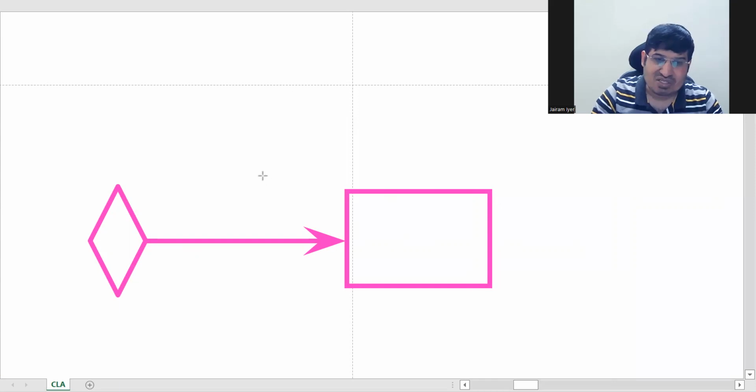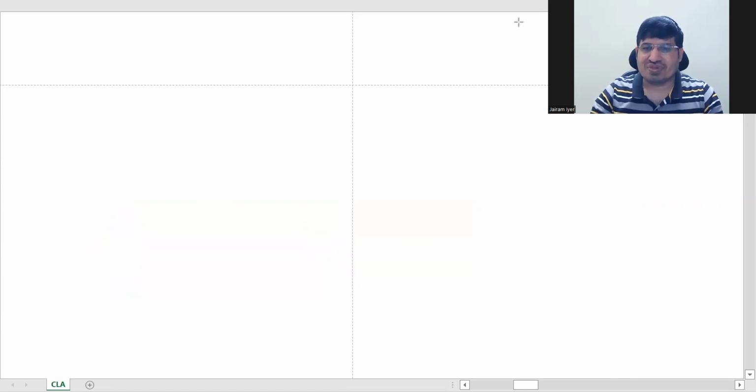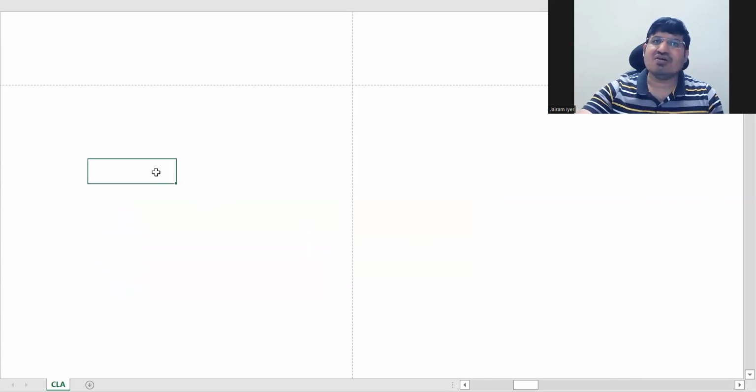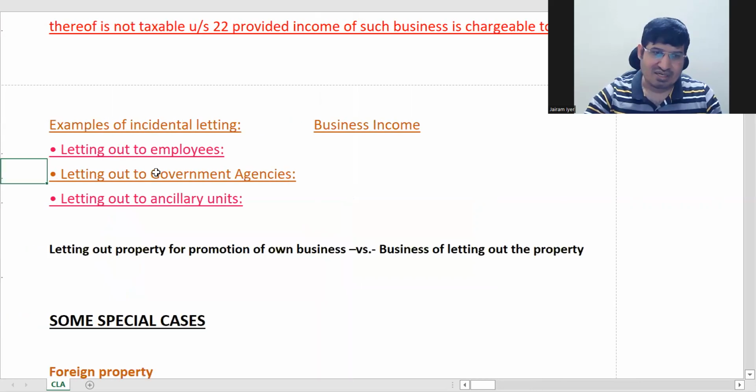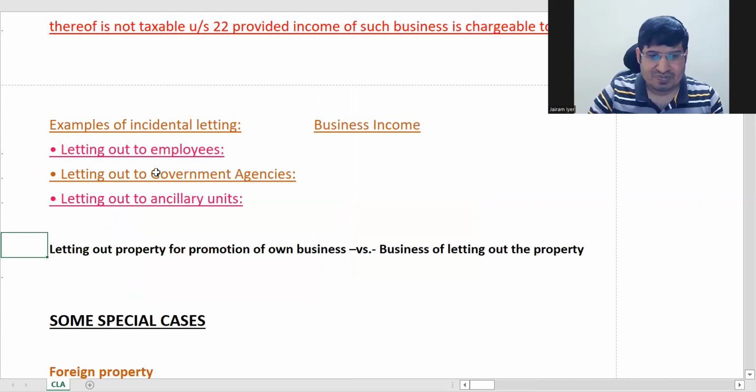If I am finding some space which I own and I am letting it out to this company, why will I let it out? So that it becomes easy for me to procure goods, correct? So in this case also it will be incidental to business. Incidental or ancillary units means other units on which you have some dependence, that is the supply of raw material or things like that.